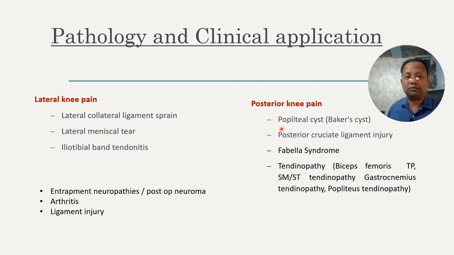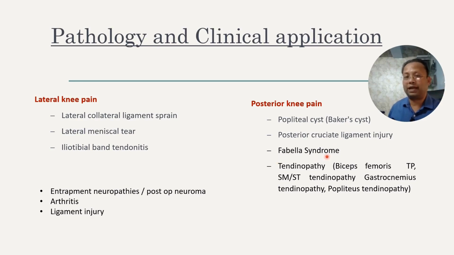And then posterior knee pain, most of the time it is a popliteal cyst or Baker cyst, or even a PCL injury, posterior cruciate ligament injury. Fabella syndrome is also a cause. The fabella is a sesamoid bone inside the tendon of the lateral gastrocnemius head.